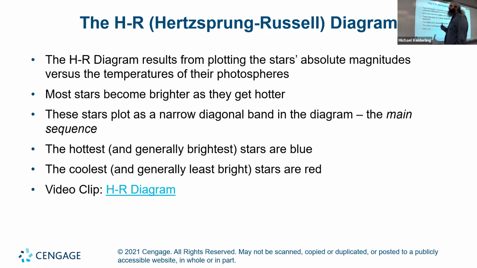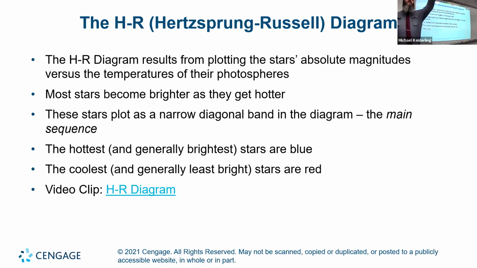So the Hertzsprung-Russell diagram is a way to compare stars to each other. Like many things in astronomy, it has some sort of weird kind of backward scaling going on. But it results from plotting the stars' absolute magnitudes versus the temperatures of their photospheres.